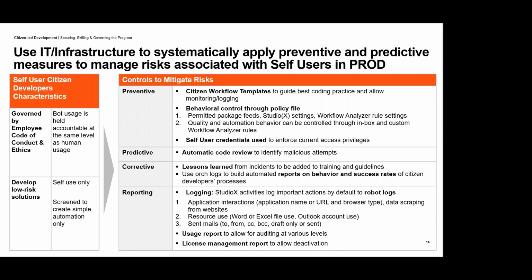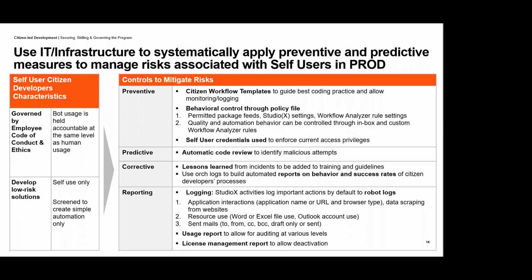So in terms of expected code of conduct and ethics, bot usage is held accountable at the same level as human usage. Citizen developers, in particular self-users, are expected to develop low-risk solutions for self-use only. So having said that, let's get into what controls we have in place.